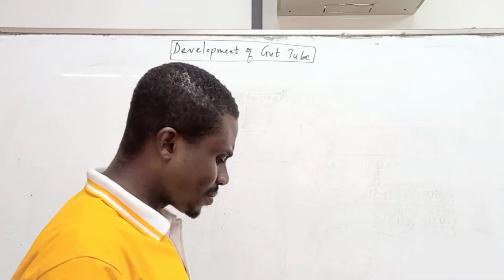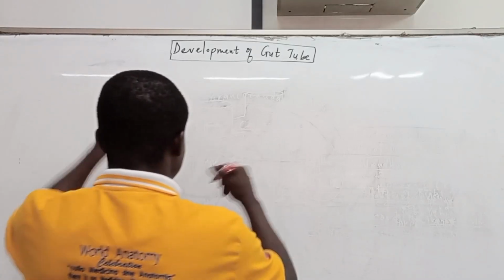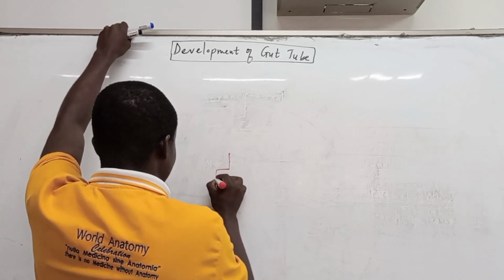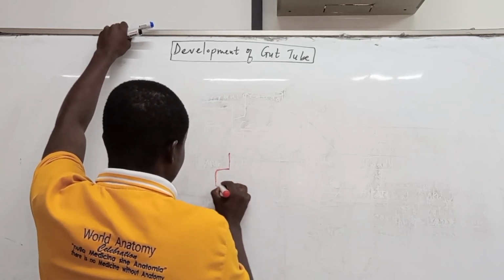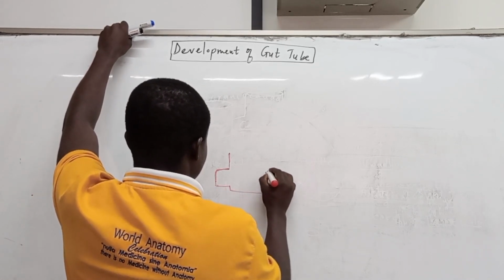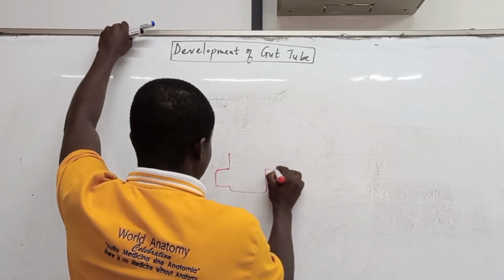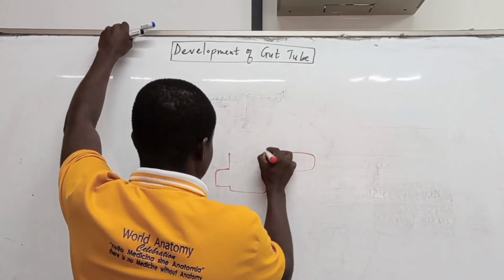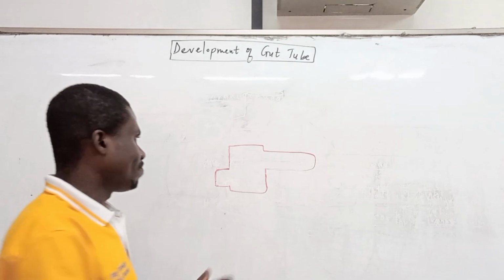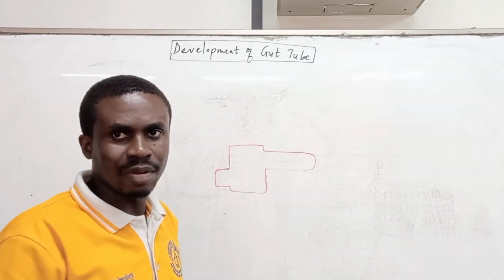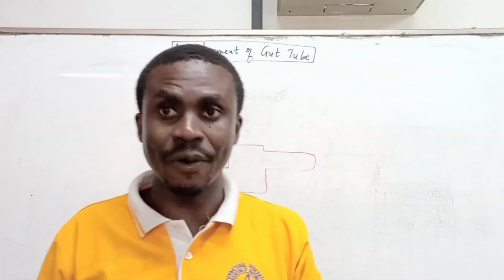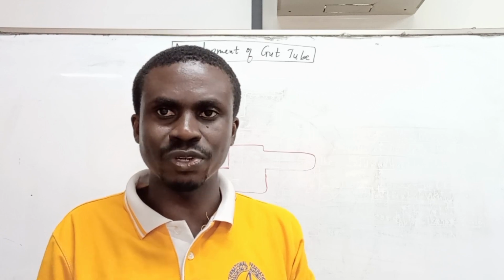Now, regarding the pancreas, assuming there's the foregut, I'm interested in the caudal region where it's giving rise to a portion of the duodenum. Remember that the duodenum will have dual origin, a portion from the foregut, a portion from the midgut.